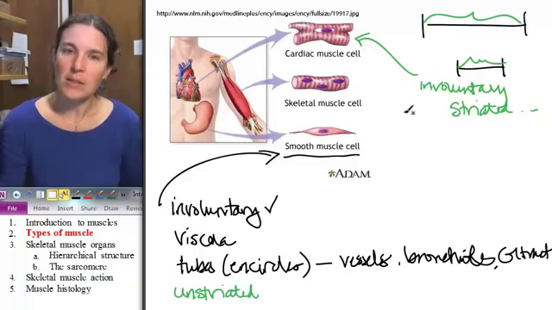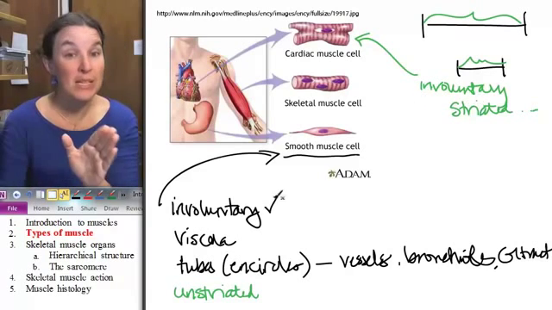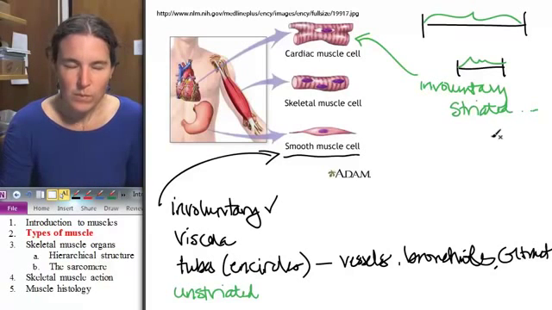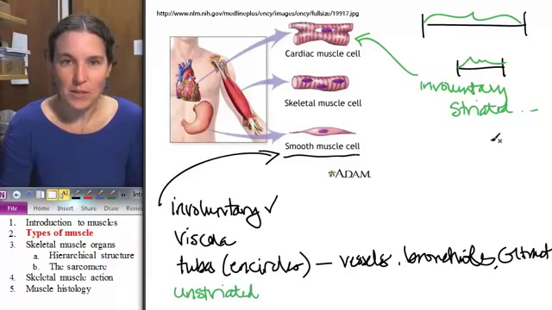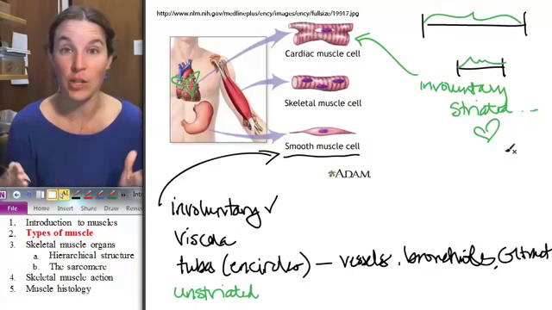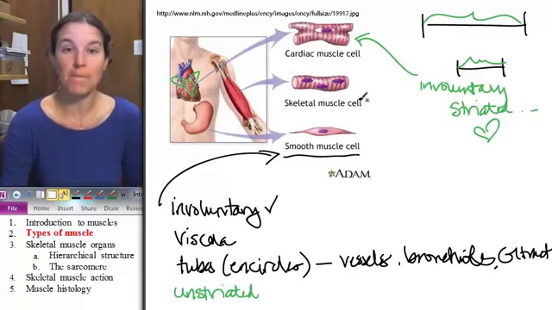But cardiac muscle shows those striations, but it is also involuntary, like smooth muscle. And one place we find cardiac muscle, where is it? Yeah, your heart. You find cardiac muscle in your heart. That's it. It's the only place you're going to see it.